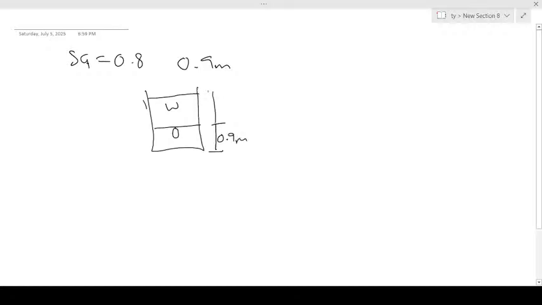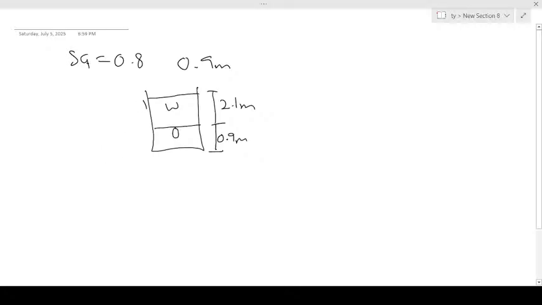And it says that the total height of the tank is 3 meters. So the total height of water and oil is 3 meters. So that means that of water will be 2.1 meters. So now it says, what is the total pressure at the bottom of the tank?